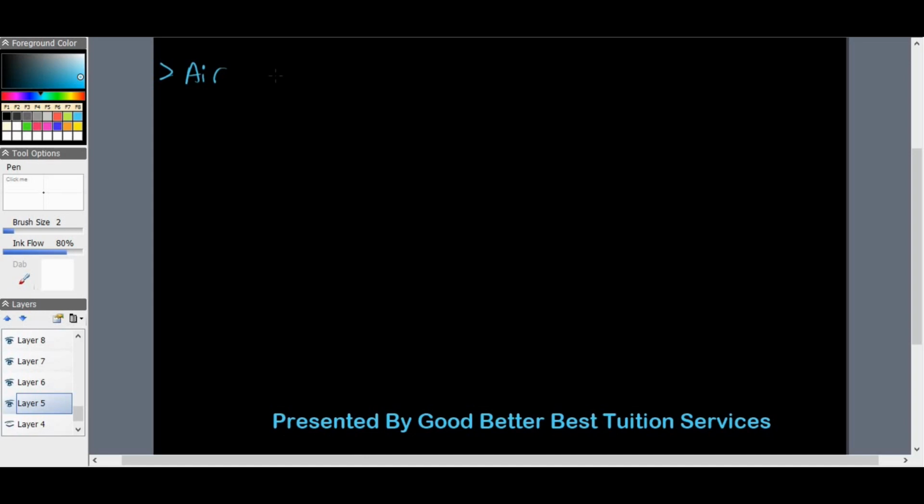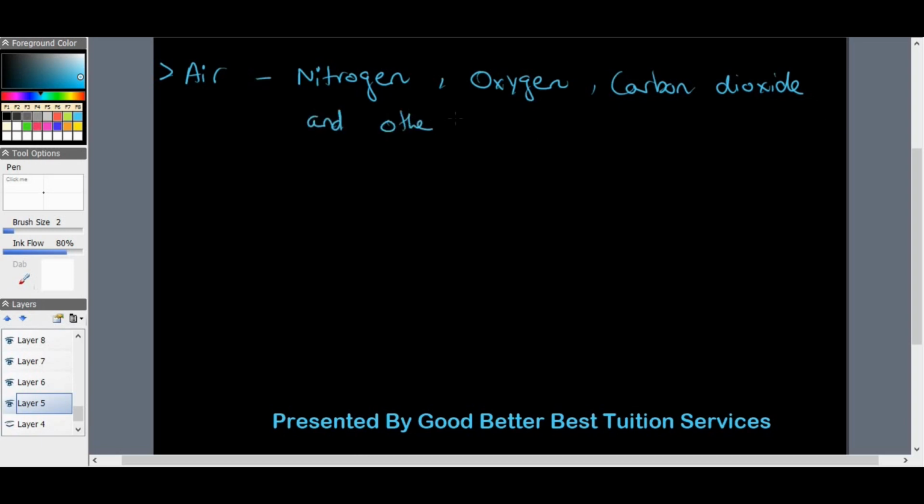Obviously, they are in gas form, and it contains two main ones: nitrogen, oxygen, carbon dioxide, well, three that are mentioned, and then of course there are other gases.